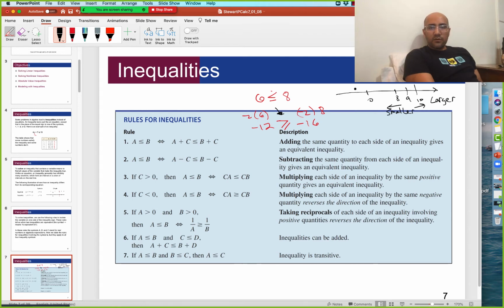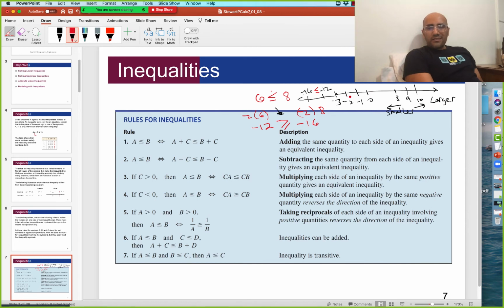So we have 0, we have -1, we have -2, we have -3. So numbers get smaller in this direction, and they're larger in that direction. So if we think about it from that perspective, as we extend this out, then -16 is going to be over here, and -12 is going to be over there. So that's why it's true that -12 is larger than -16.